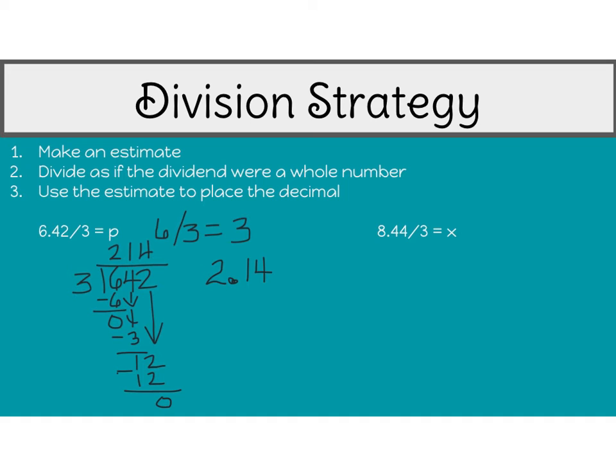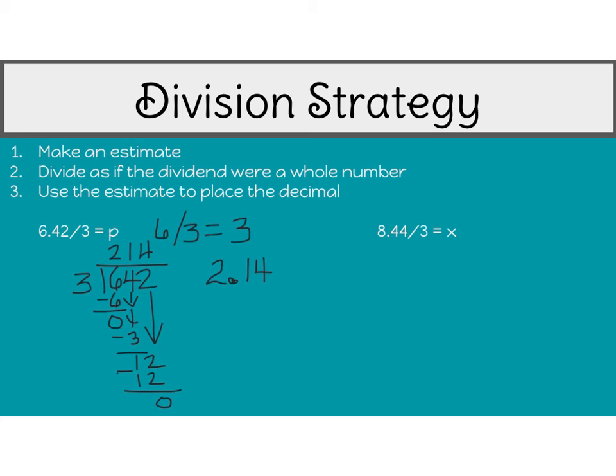Let's take a look at the next problem. We have 8 44/100 divided by 3 equals X. So the first thing that we need to do is make an estimate. We could do 8 divided by 3, but that's not going to come out evenly.